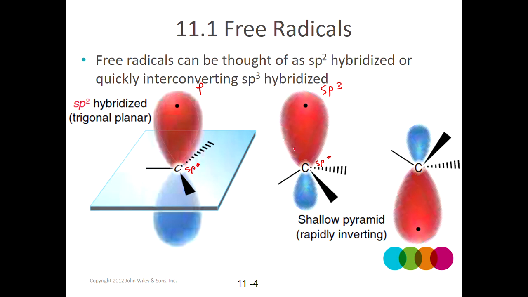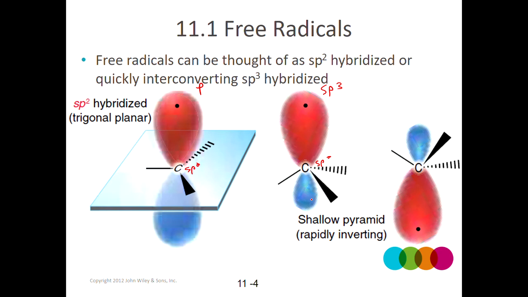It doesn't require the larger section of that orbital always be on one side of the carbon, though. So this inversion or shifting can occur readily for free radicals, right? So normally we think of a hybridized sp, sp2, or sp3 type orbital as having one larger lobe and one smaller lobe, but there's no reason why the larger lobe has to be on one side and the smaller on the other.